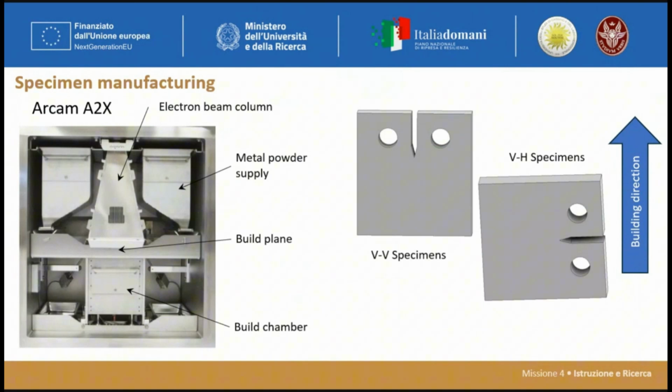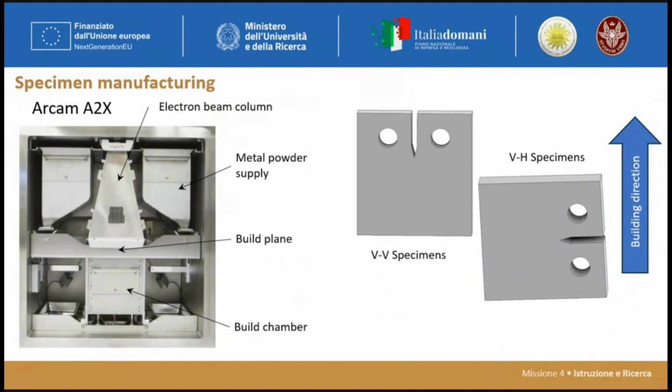As concerns the process, as I said, we adopted EBM, electron beam melting. The machine used for producing the plates was the Arcam A2X, a commercial machine. The process is very similar to the more common selective laser melting.